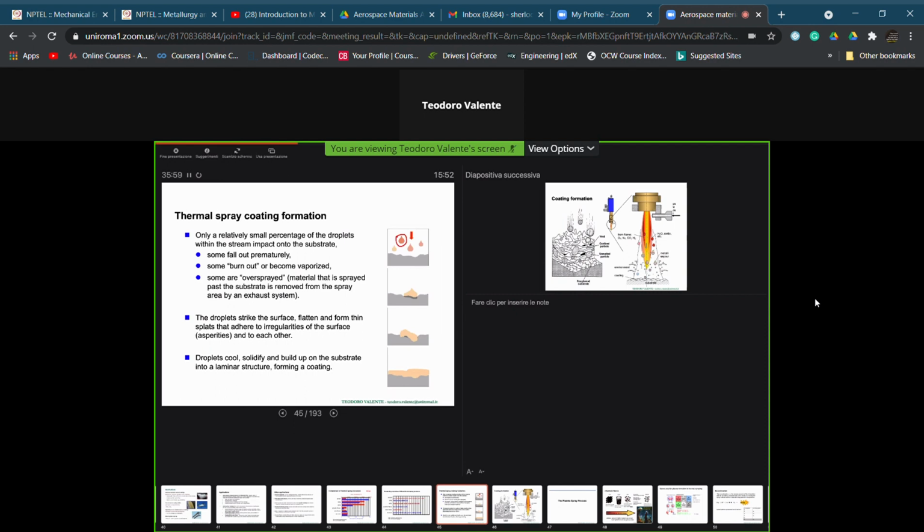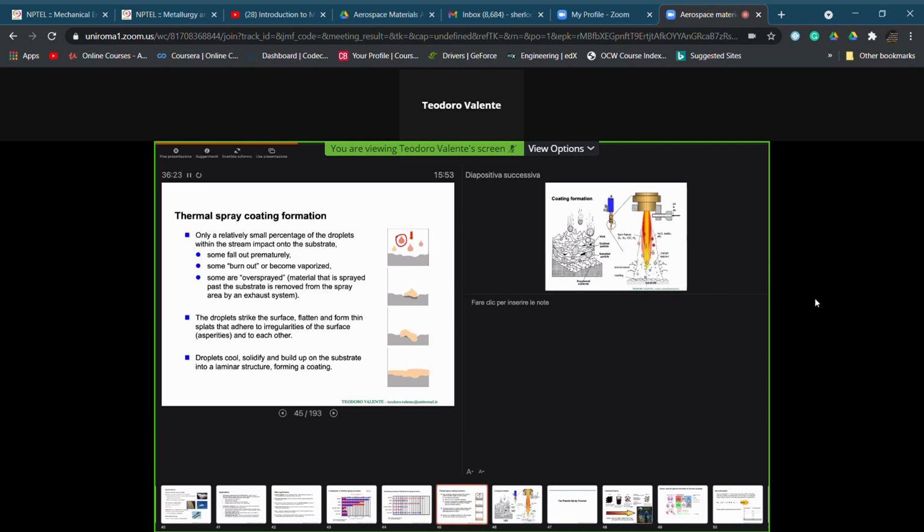And the dust is not dust that we have in the air, they are particles fundamentally. And then the part of the granulometry distribution which can well interact with our flame, the melted powders, are going to impact on the substrate.